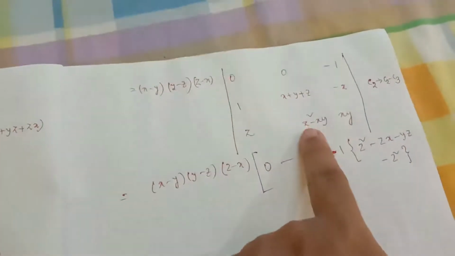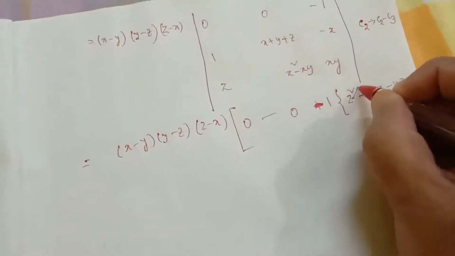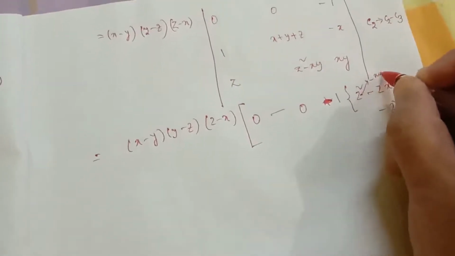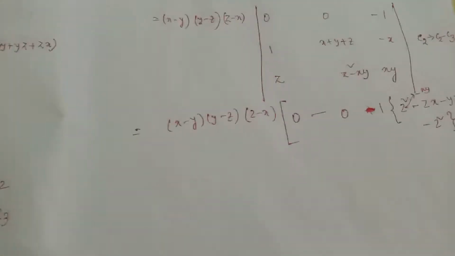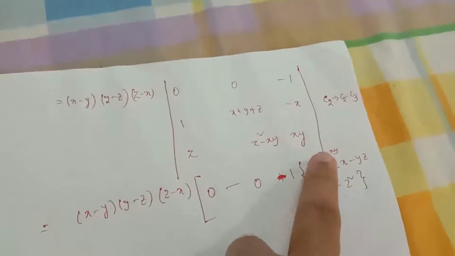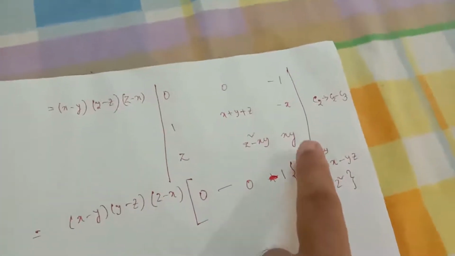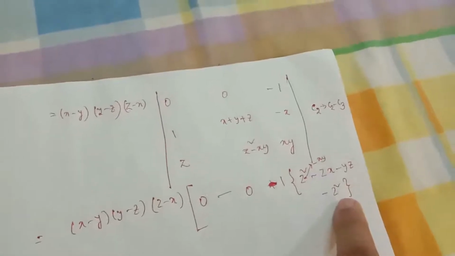So minus 1 into this. So it will be z square, you can see, minus xy. z square minus xy, z square minus xy minus this into this. Now you can see z square minus z square will get cancelled.